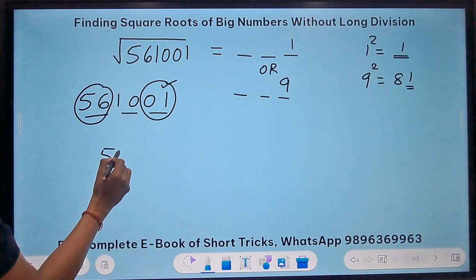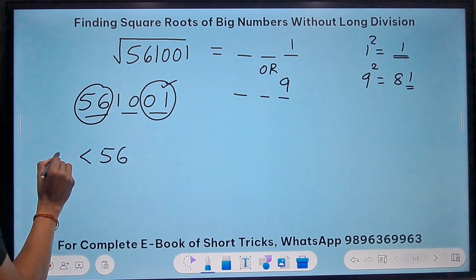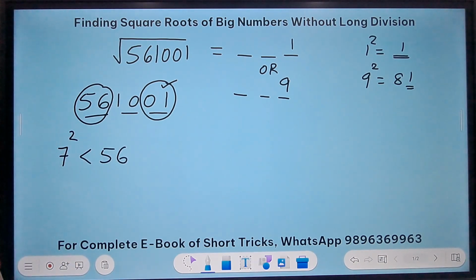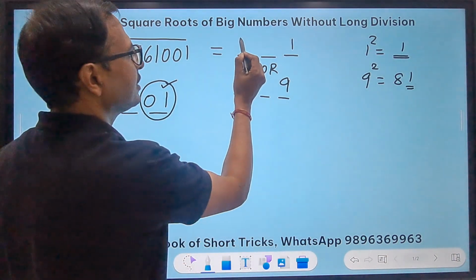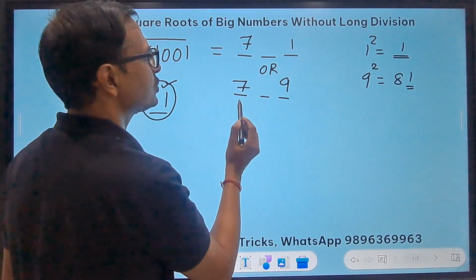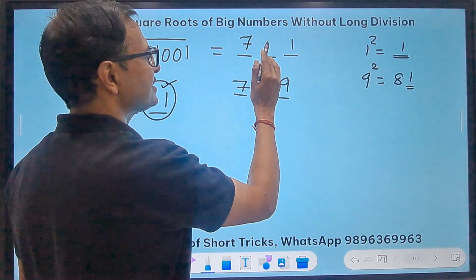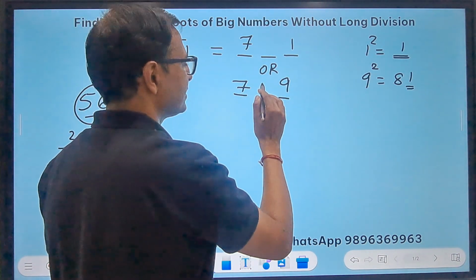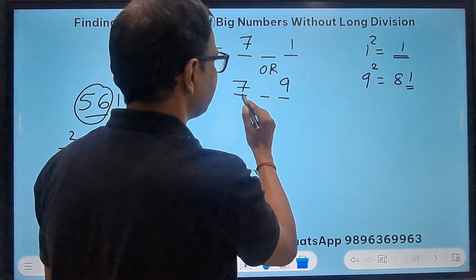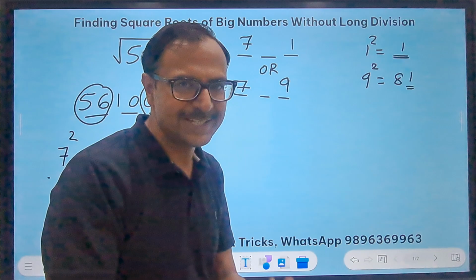Now 56 is greater than 7 square, that is 49, the closest perfect square very near to 56. So this 7 forms the first digit of the answer. So the answer is either 7 something 1, or 7 something 9.